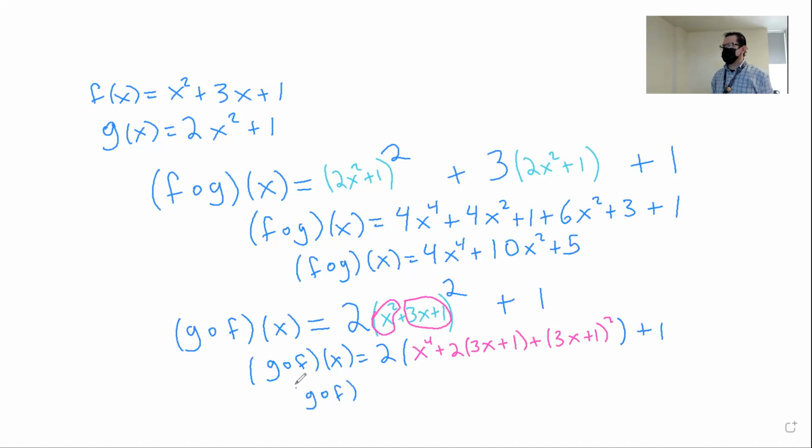G composition of x is going to be then 2x to the 4 plus 6x plus 2 plus 9x squared plus 6x plus 1. Yep, I didn't multiply by the 2 here.